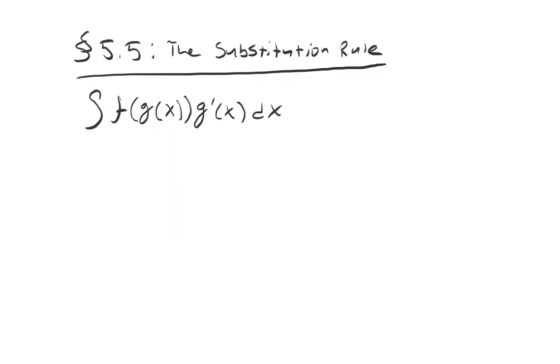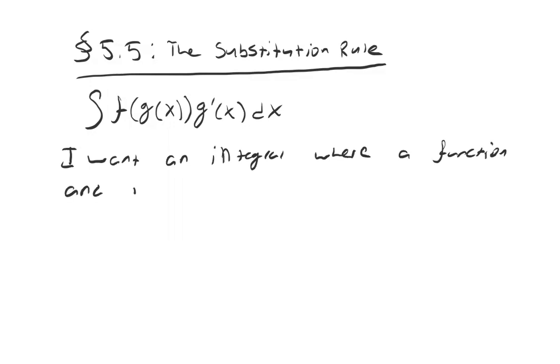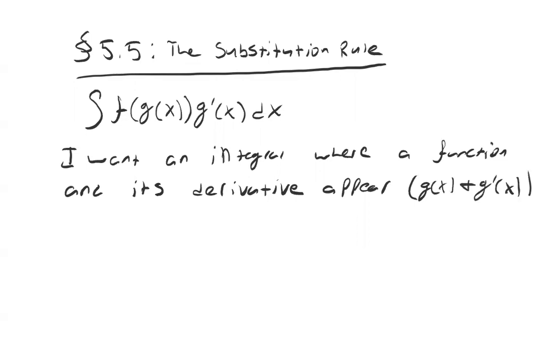What this is really saying is I want an integral where a function and its derivative appear. In this case that is g of x and g prime of x.